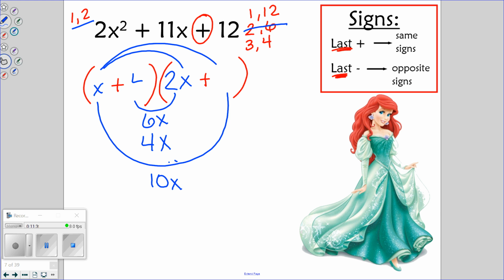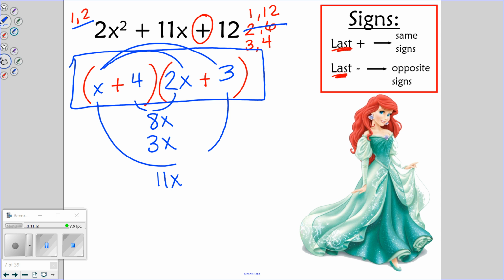So I put the 4 here and the 3 here. So inside gives me 8x, outside gives me 3x, and that makes 11x. Yay, it's what I wanted. So the factored form is that right there: x plus 4 and 2x plus 3.